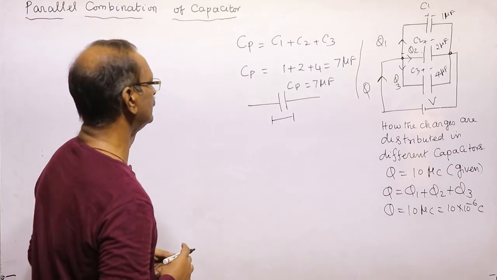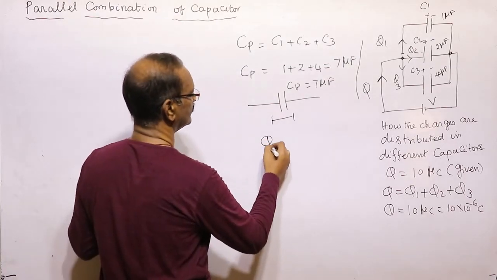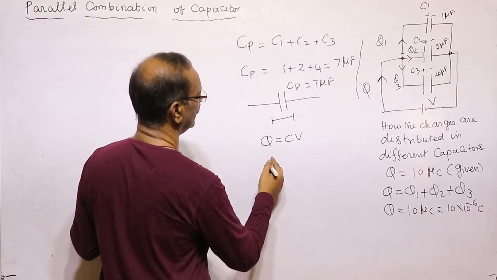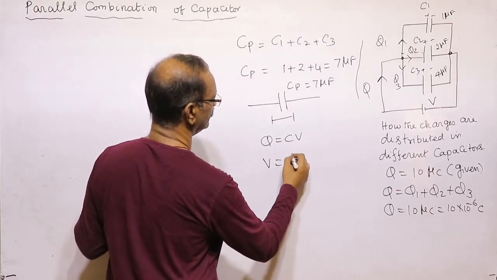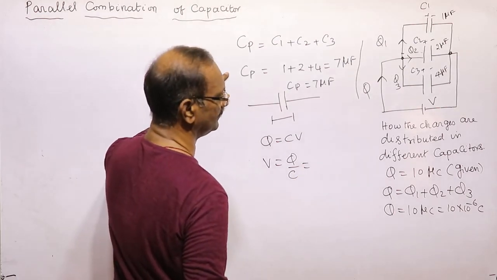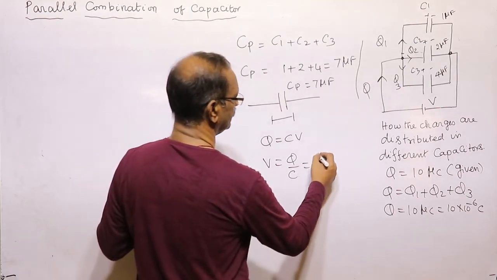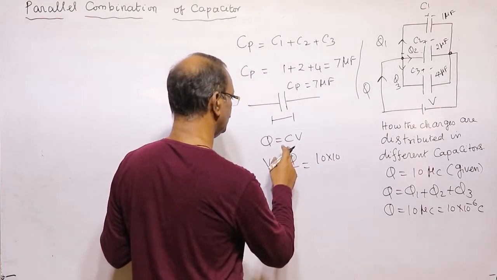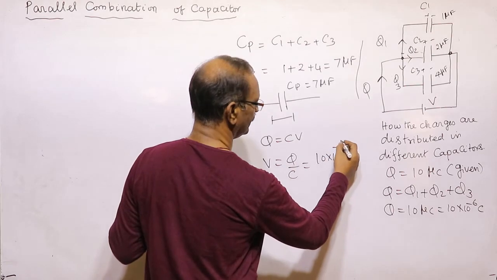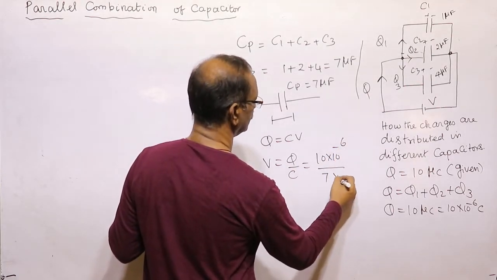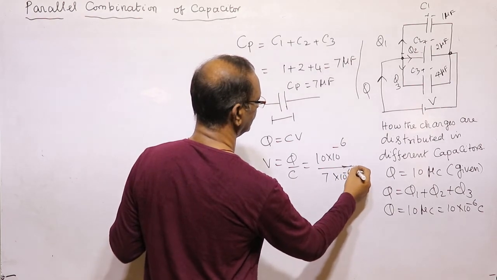What is the voltage across it? Q is equal to CV, and we know C and we have the charge, so V is equal to Q by C. Q is 10 into 10 to the power minus 6 coulomb, divided by C, which is 7 into 10 to the power minus 6 farad.